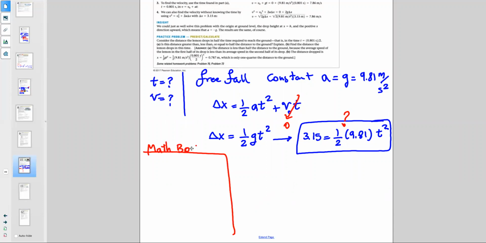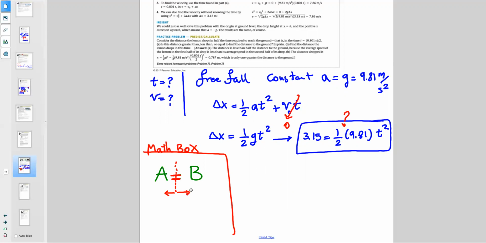If I have A equals B, this equal sign means that whatever you have on the left-hand side is equal to whatever is on the right-hand side. A equals B.